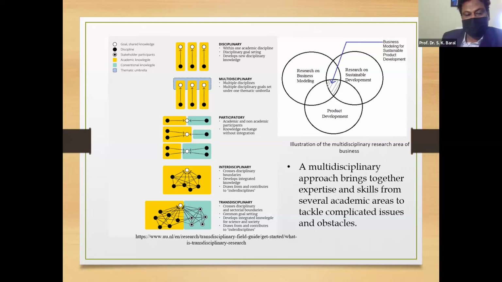Through this model, the knowledge will be integrated for science and for society, and draw from and then contribute to the interdisciplinary. So interdisciplines contribution will be derived, will be taken in transdisciplinary. It will become a combination of both academic and conventional knowledge.